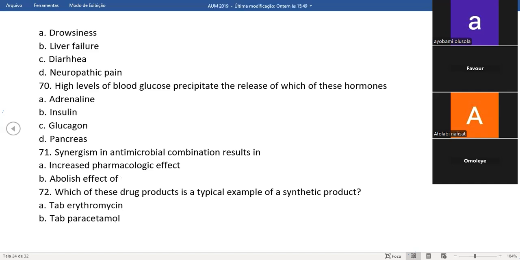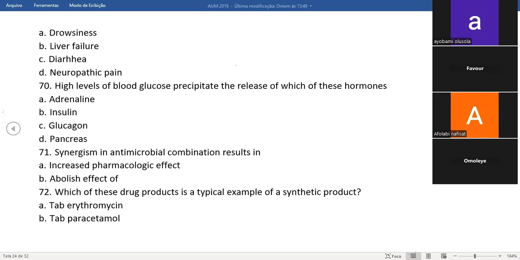Drowsiness. In fact, that's why they now use it for sleep. It's in Champagne Night. If you know that drug, Champagne Night contains paracetamol and diphenhydramine. And that's because diphenhydramine causes drowsiness. That means it can make you sleep.